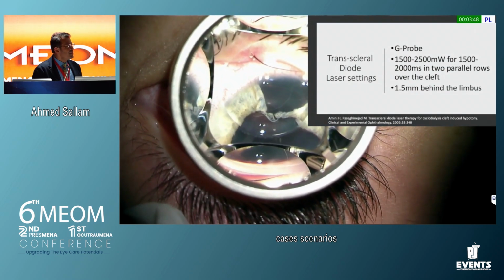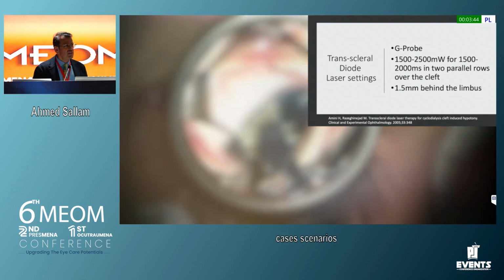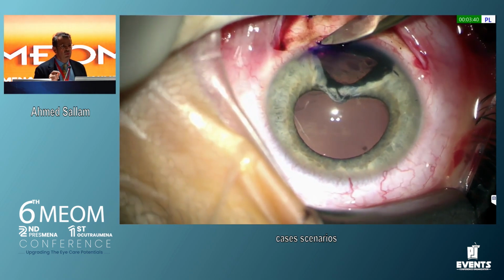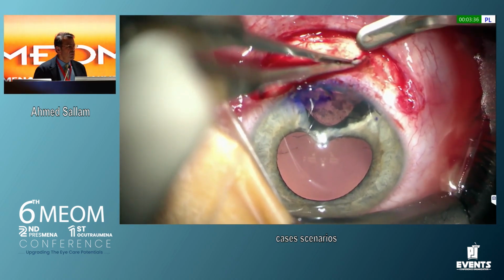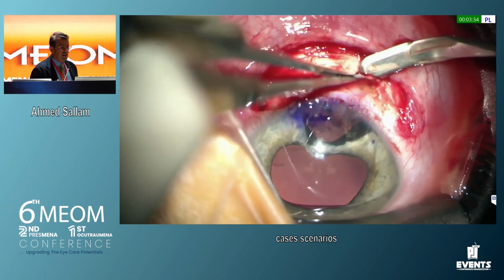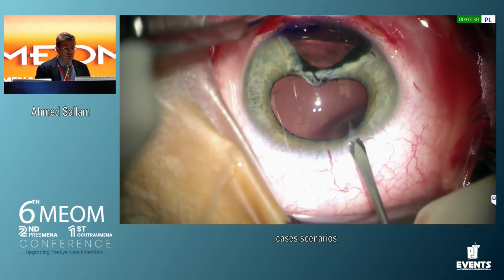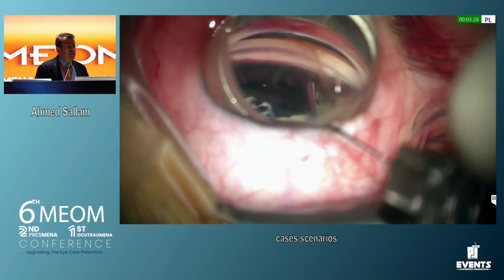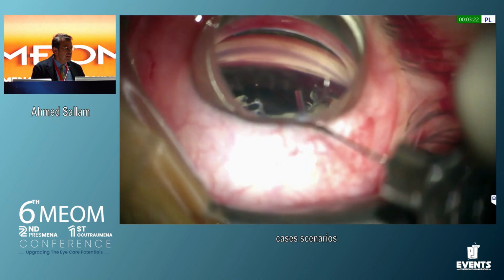I had the glaucoma specialist with me, and she wanted to try transscleral diode to close it. In my experience, transscleral diodes work well for small dialysis. Also, cryo works well for these, but when it's big, you cannot really do it with laser or freezing. The challenge in this patient is that he was phakic, and he was a kid, 10 years old. If it was an older patient, we would have sacrificed the lens.